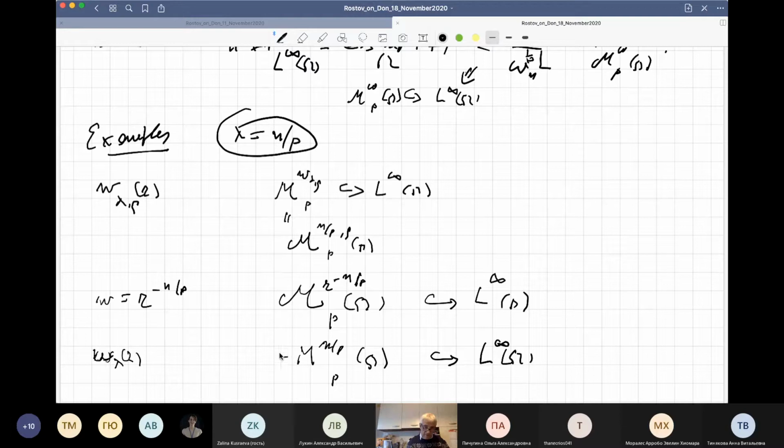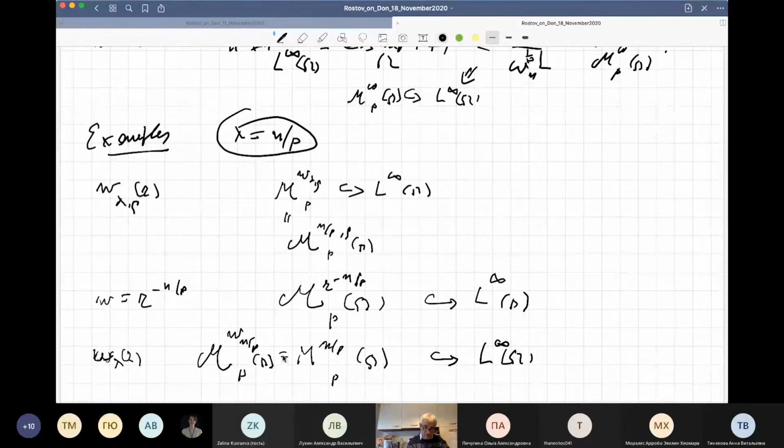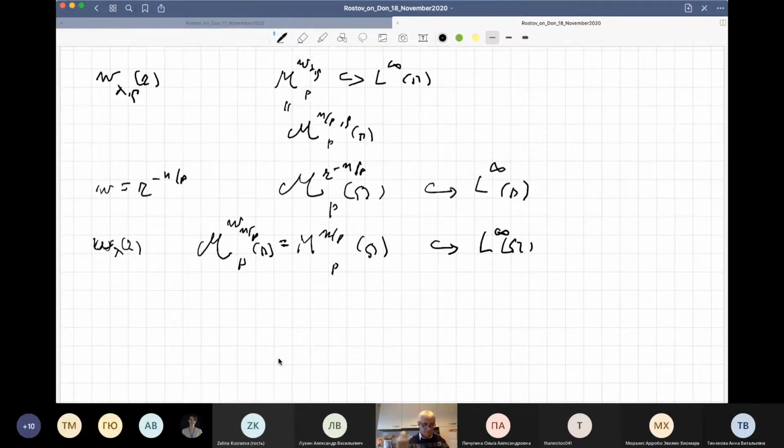Because you remember that this is precisely the Morrey of w lambda. This is by definition. Actually, the definition was the intersection of this one with p, and then we showed that this was okay. So these are the examples.